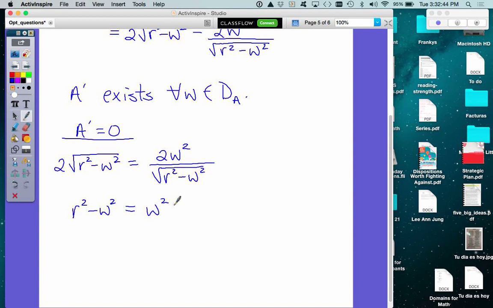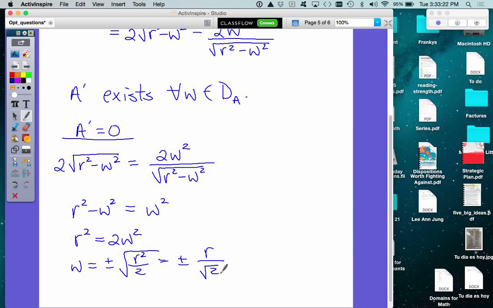And so this works out very nicely to r squared equals 2w squared, and therefore solving for w, because w is the variable I'm interested in, I really get w equals plus or minus the square root of r squared over 2, which is the same as plus or minus the square root of r squared, which is r, divided by root 2.